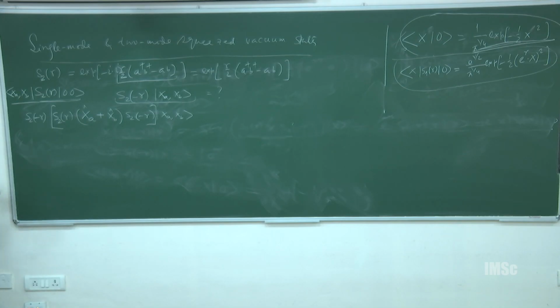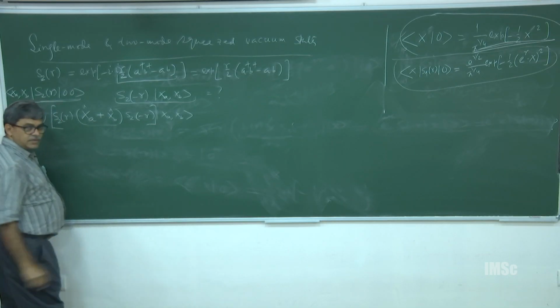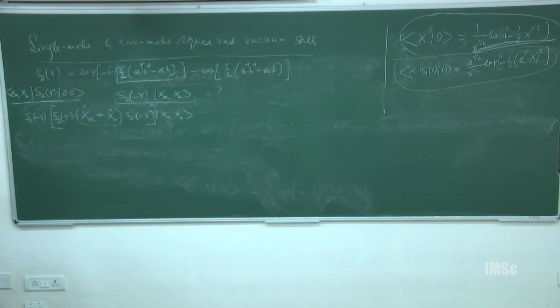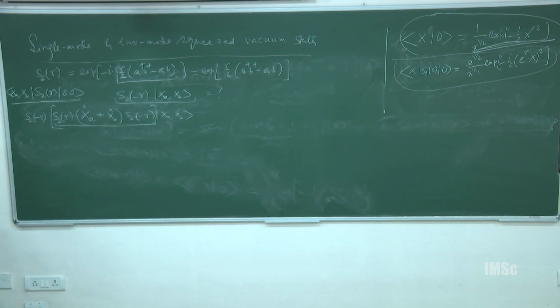Right. As in the earlier case, I want to see what is the effect of this action. Now this I think we have done earlier. What is this quantity? E to the power plus r or minus r, that is what we need to be careful about.